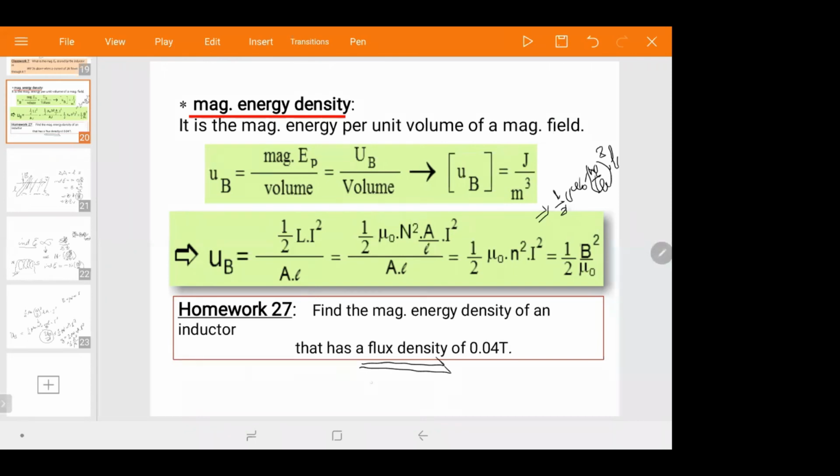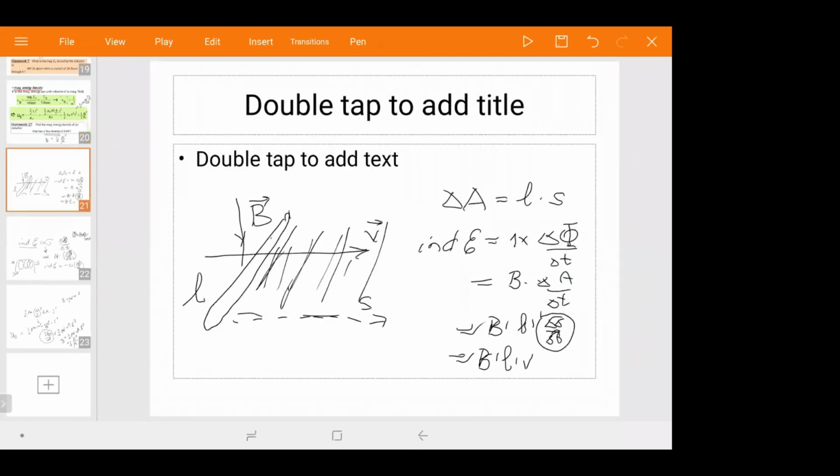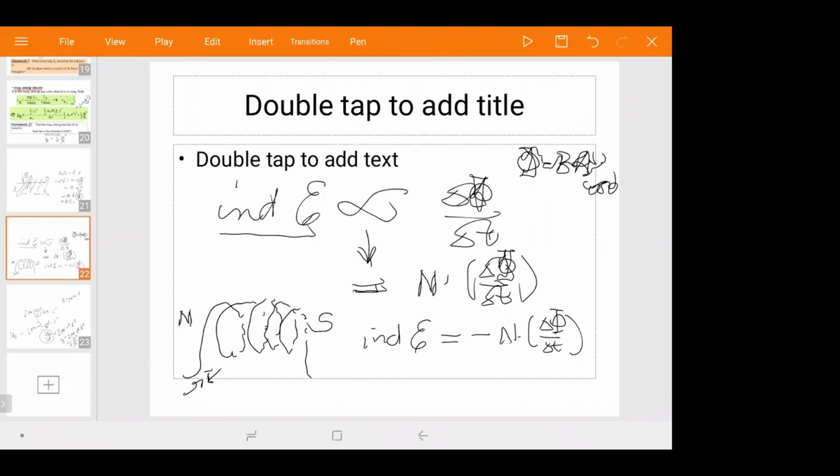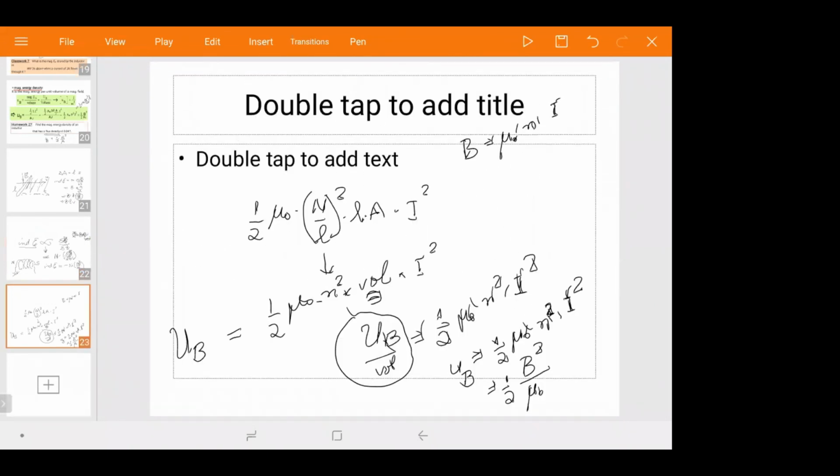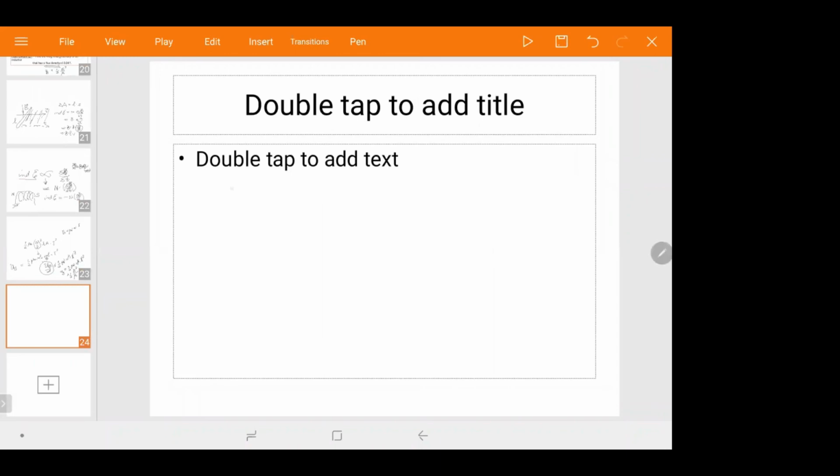So magnetic energy density mu B is equal to a half B squared over mu 0.